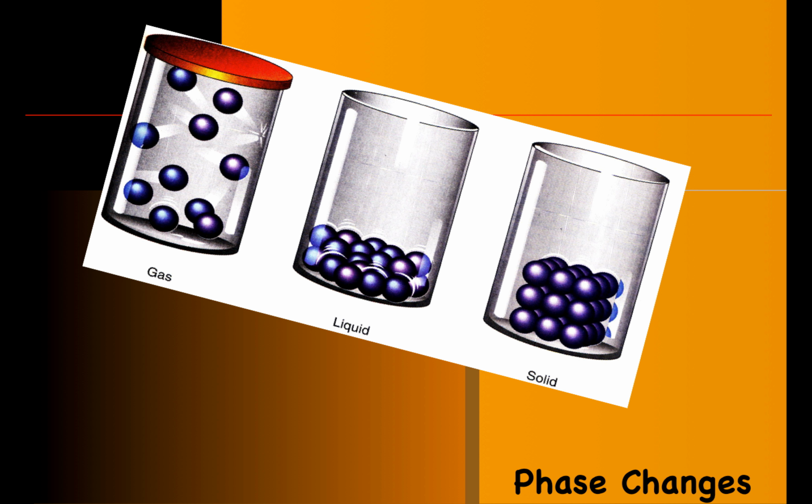Let's consider a gas going to a liquid. That's exothermic. There has to be a release of energy to the surroundings. Condensation is gas going to a liquid and energy is released.